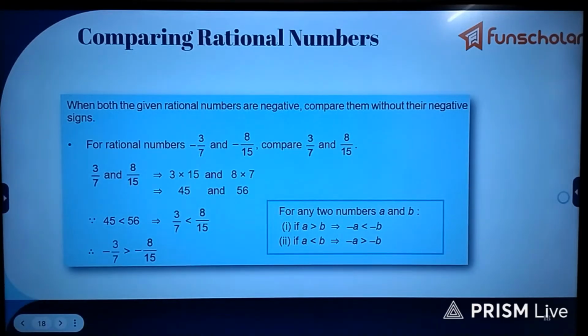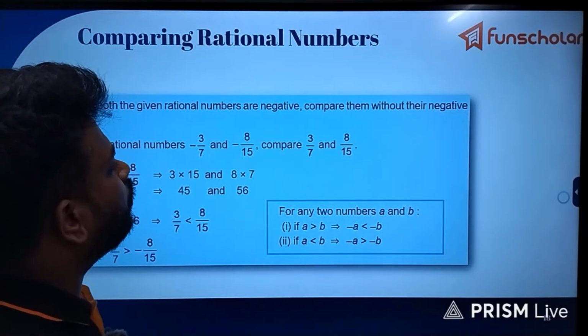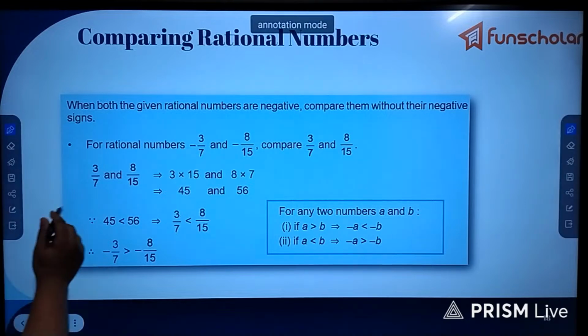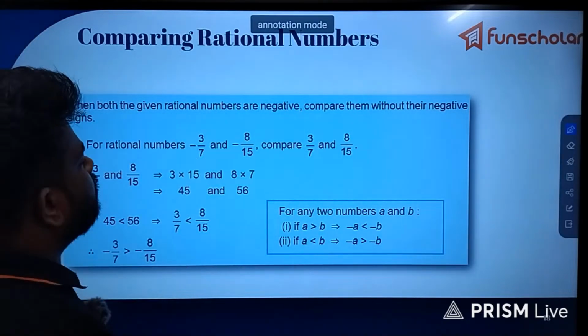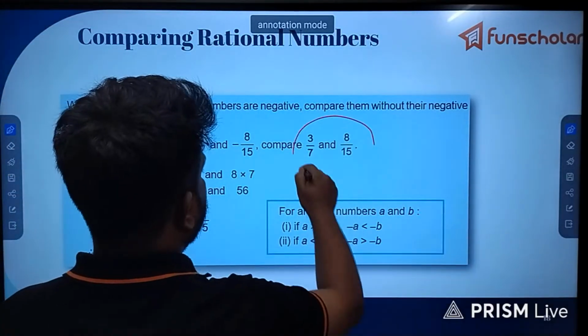The next one: when both the given rational numbers are negative, compare them without their negative signs. That is, for rational numbers minus 3 by 7 and minus 8 by 15, compare 3 by 7 and 8 by 15.